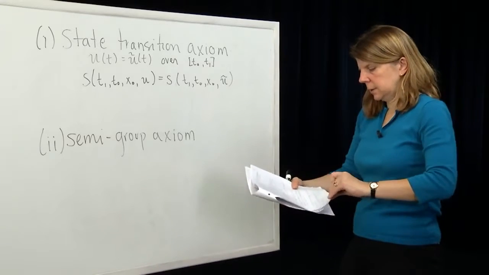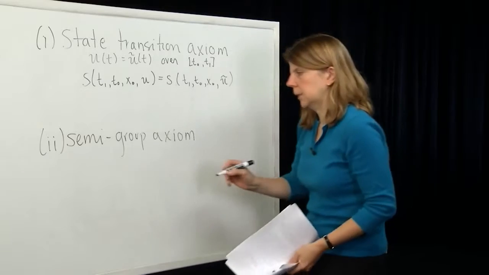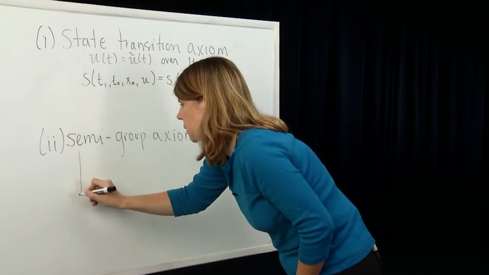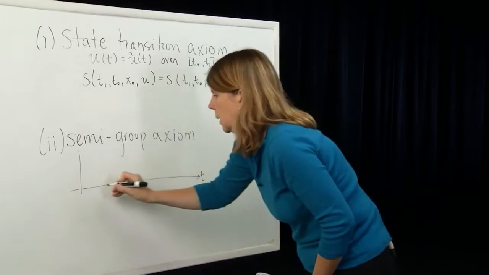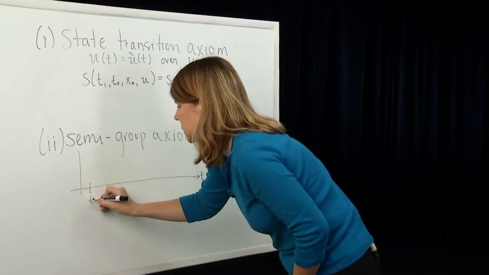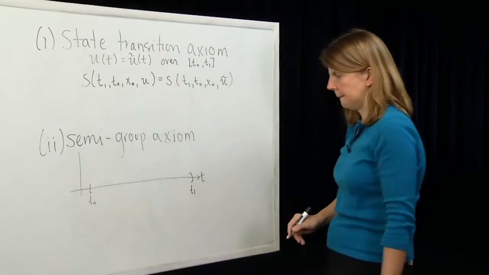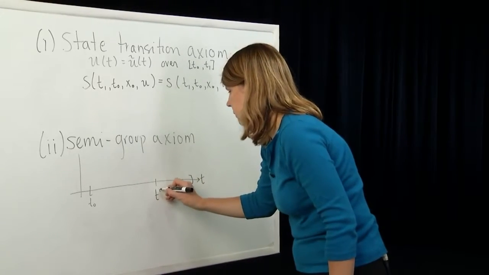The semigroup axiom says the following. Let's think about it pictorially. Suppose you started the system, and let this be our axis in t, and this is time t0 and time t1. And let's think of some intermediate time here, t star.